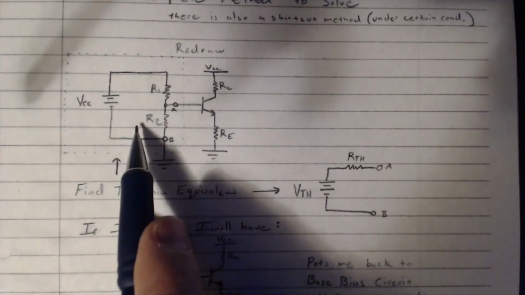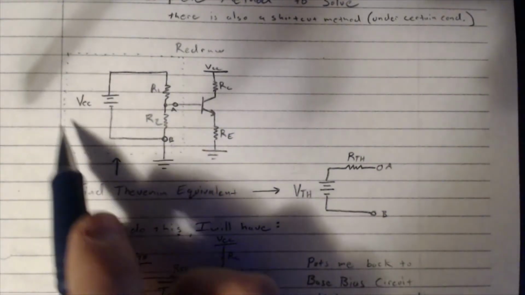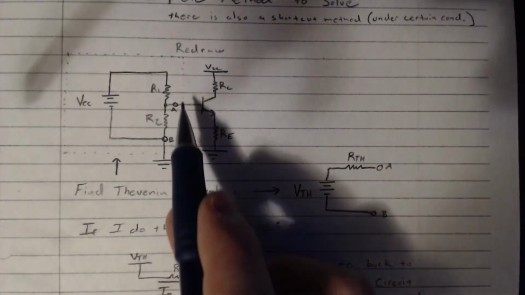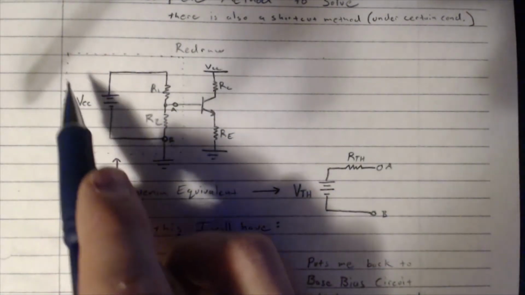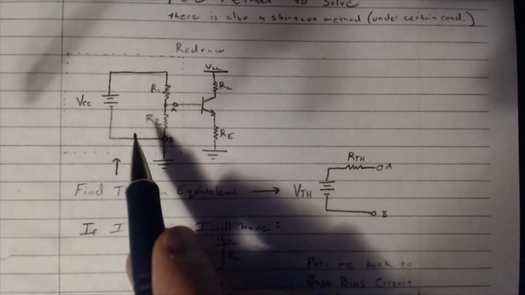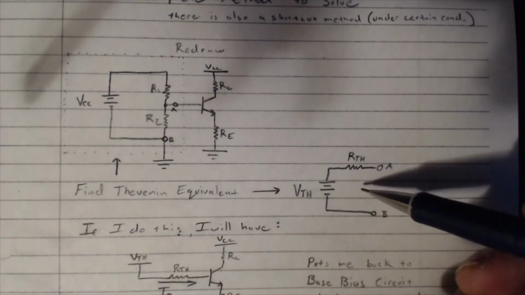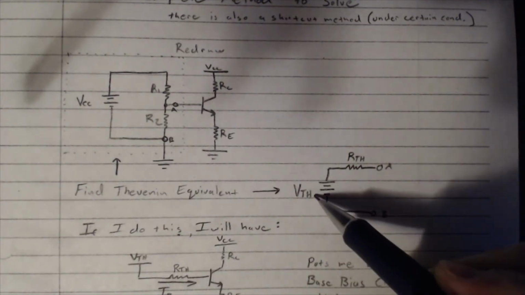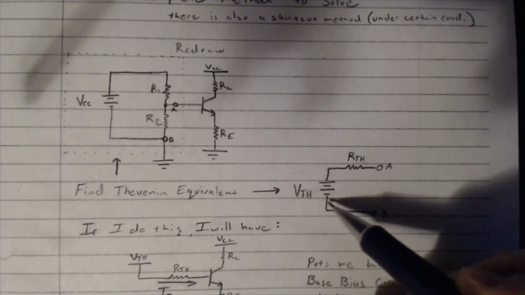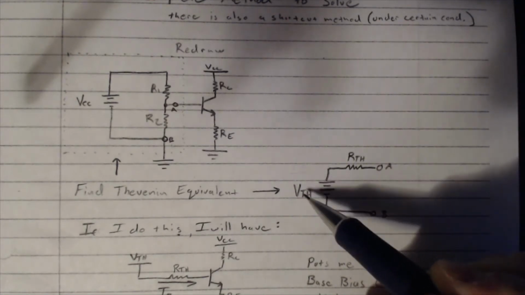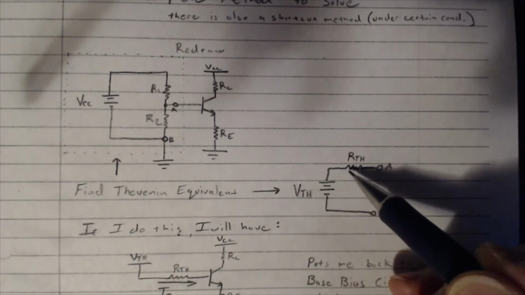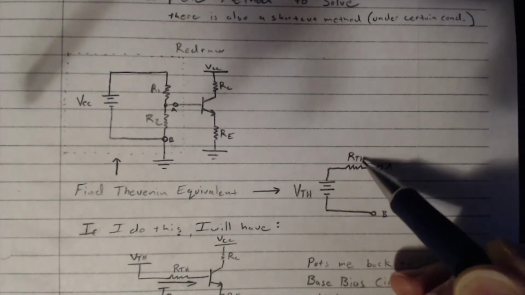I've made a dotted box to show you what the circuit is that we're going to turn into a Thevenin equivalent. And a Thevenin equivalent circuit consists of a Thevenin voltage, so we will be calculating a new voltage source here, and a Thevenin resistance here.